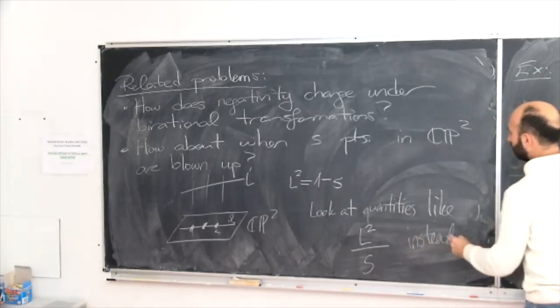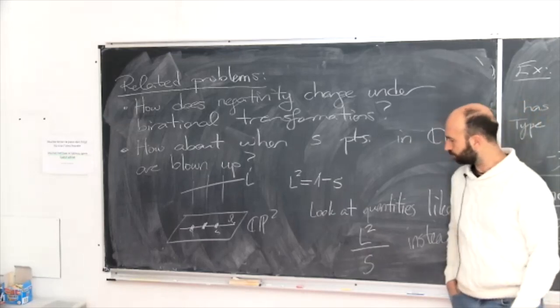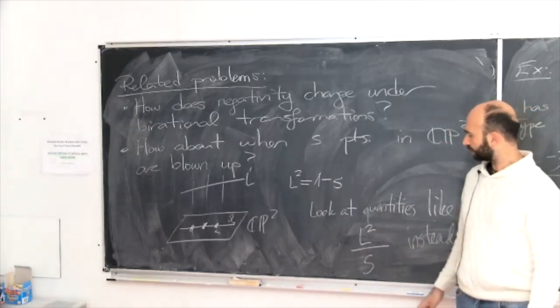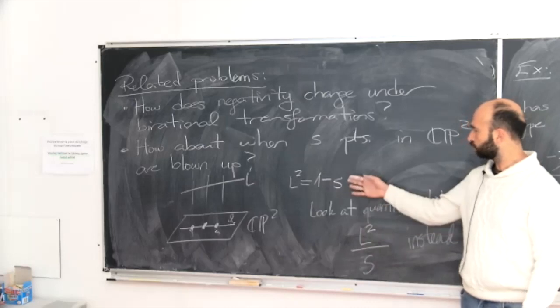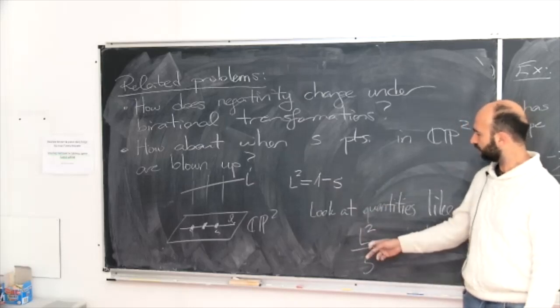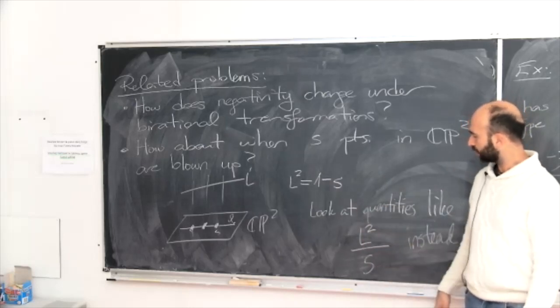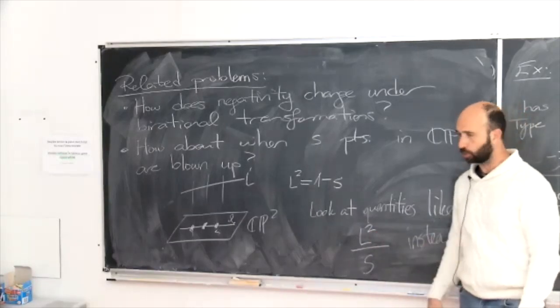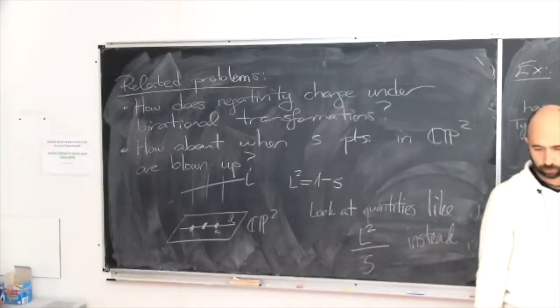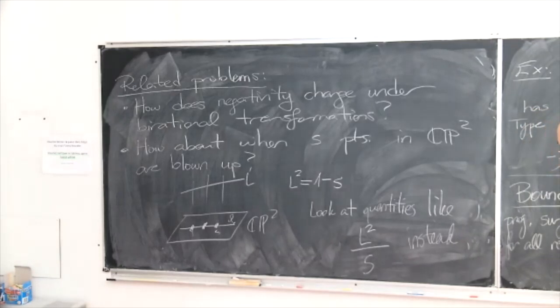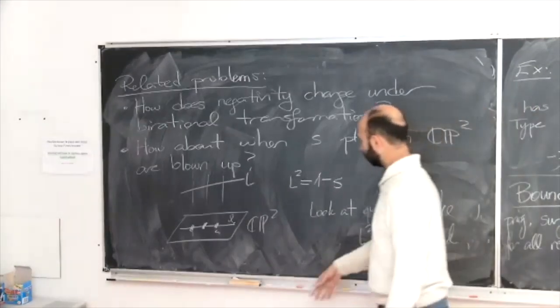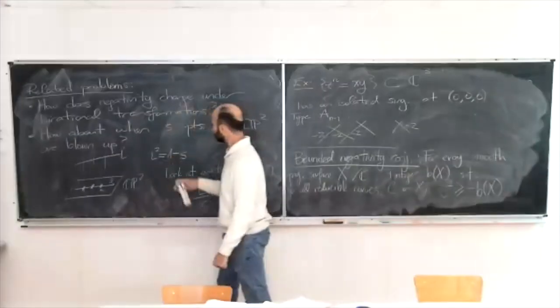This, in a sense, normalizes the problem. Instead of looking at absolute values of the negative self-intersections, try to calculate things like what is negativity per blow-up, what is the infimum of all possibilities?